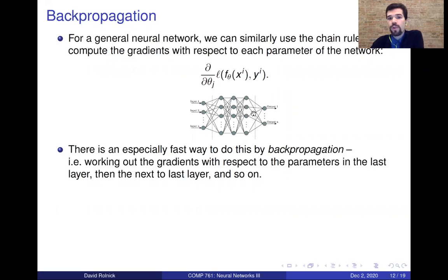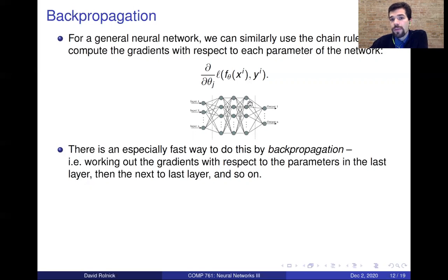You basically work out the gradients with respect to everything in the last layer. So the gradients of the loss with respect to all of these weights. And that's pretty easy because, in just the same way as we saw, these things depend directly upon these weights. So if you increase this, you're going to affect the output in a very predictable way. It's very easy to compute the derivative of the output with respect to this weight.